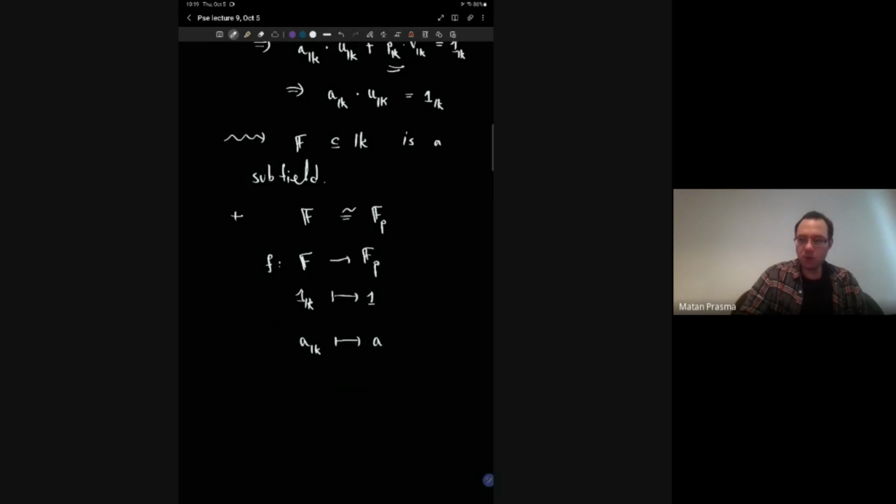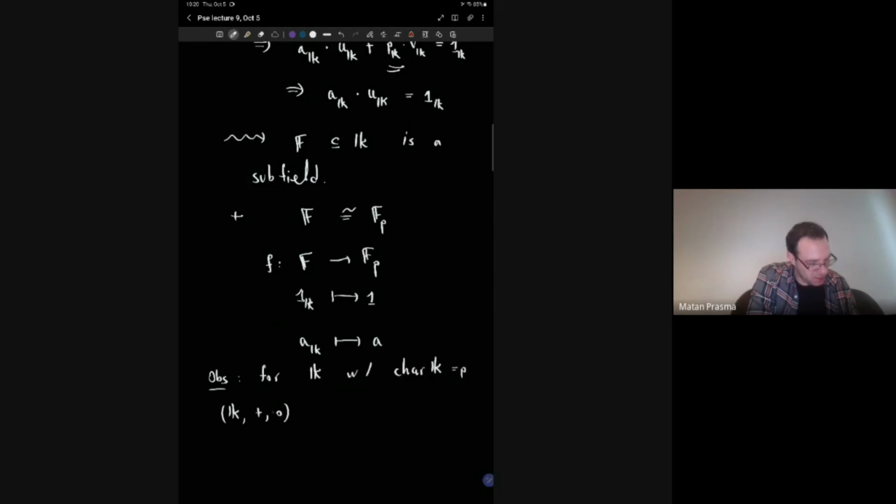Okay, but observe that if K is a field of characteristic P, it is in particular an abelian group with respect to addition. I mean, (K, +, 0) is an abelian group.